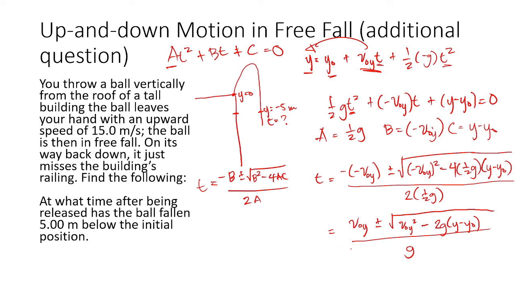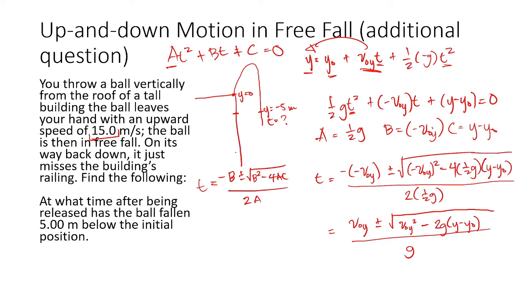So, ang gagawin na lang natin dyan, you just need to plug in or substitute the values for this equation to work. So, bali mangyayari, you just need to substitute 15 meters per second to all your v naught y.